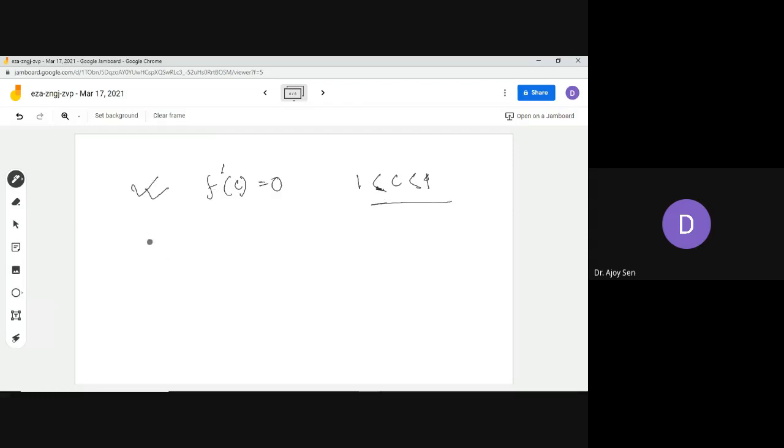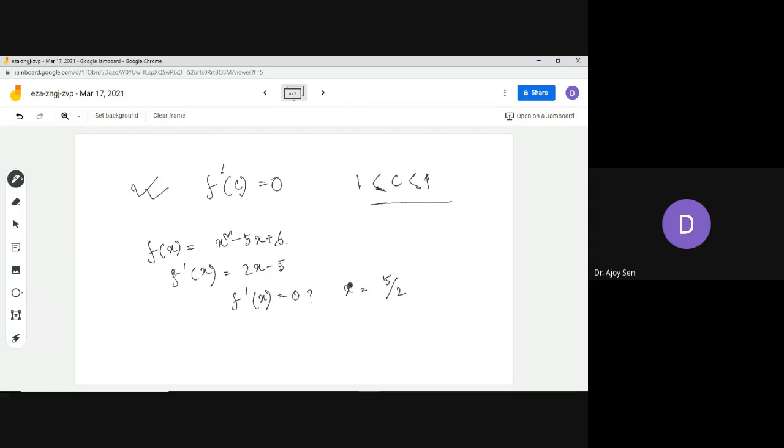And how to check? You know f of x is equal to x square minus 5x plus 6. Now if you take the derivative, f dash x becomes 2x minus 5. Whenever this f dash x is 0, you will see x equals 5 by 2.